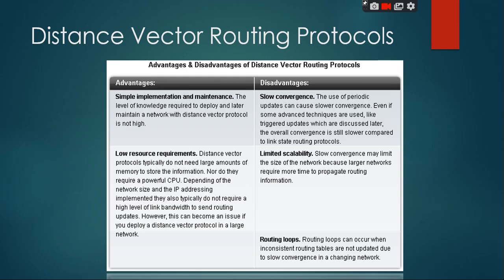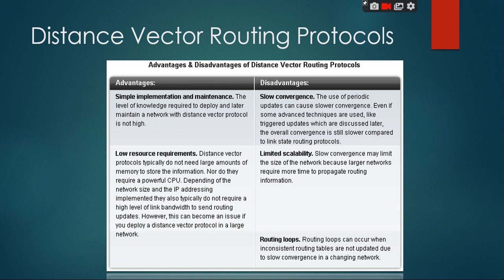Okay. Now we are talking about distance vector. So, the common problems with distance vector and the advantages. Usually all of these distance vector routing protocols are easy to implement and maintain, and they require very low resources. They don't take much of your CPU or other router resources.